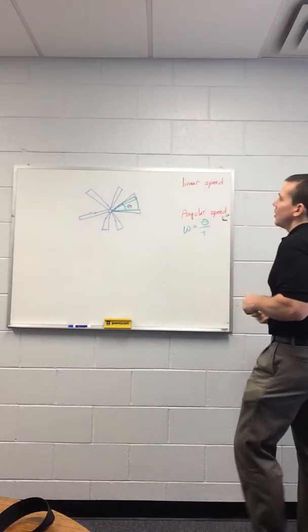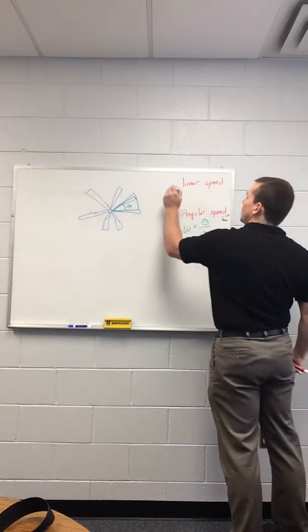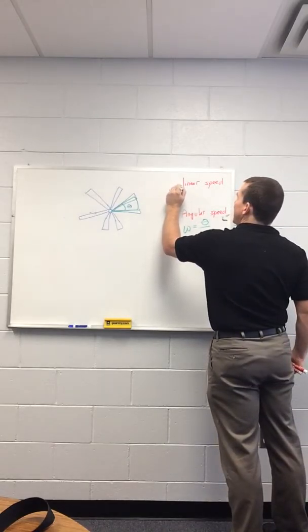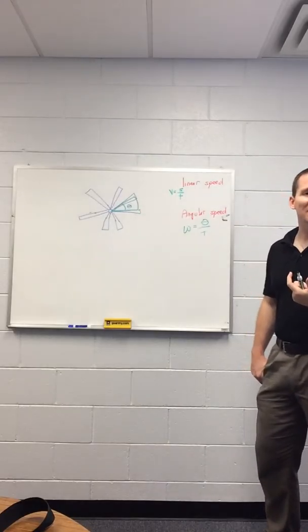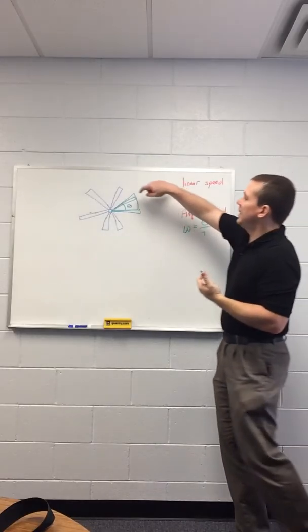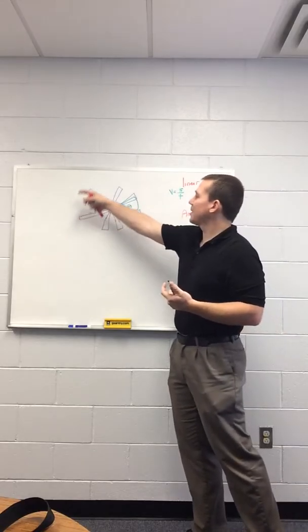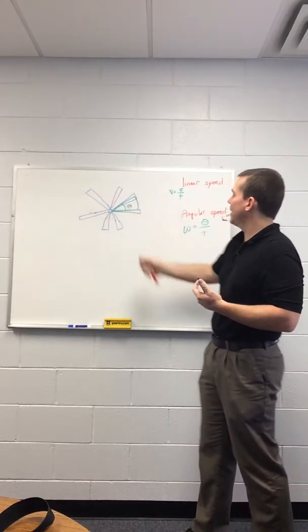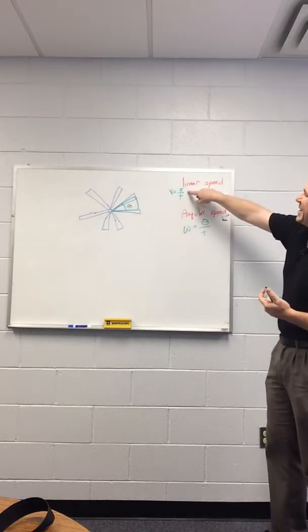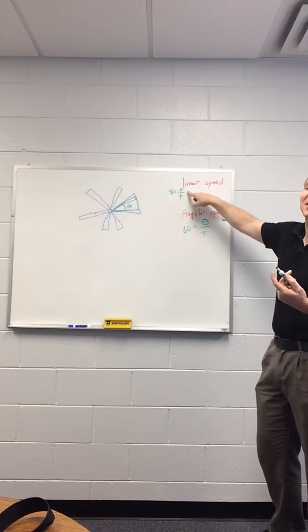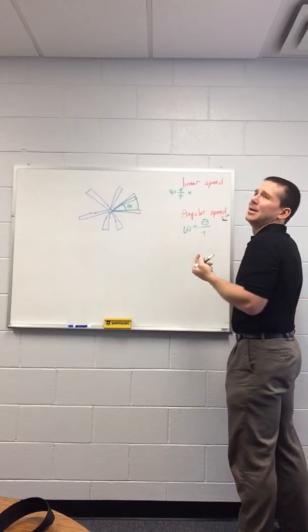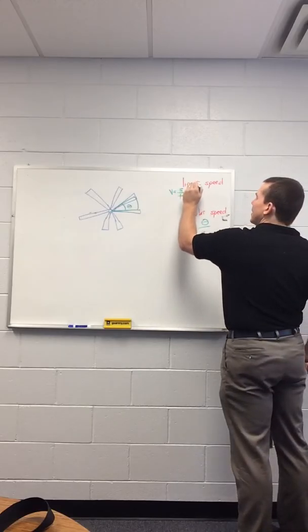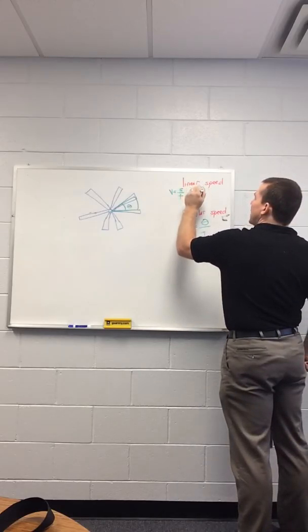As far as the formula goes for linear speed, well, we have our regular formula, v equals s over t, where s is just the distance traveled. But then, since we're talking about these arcs on this circular fan blade here, that s, the distance you travel, is just your arc length. So we can replace s with the formula for arc length. We said s was r theta, so that becomes r theta over t.